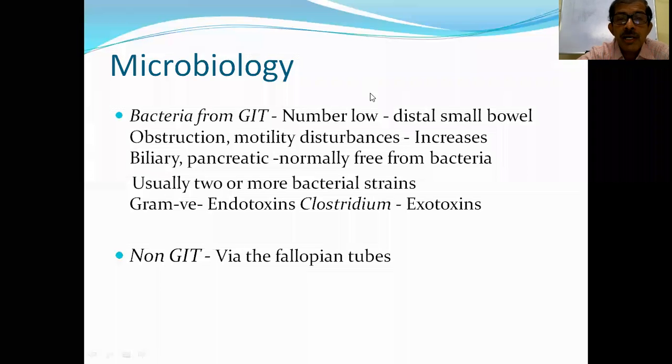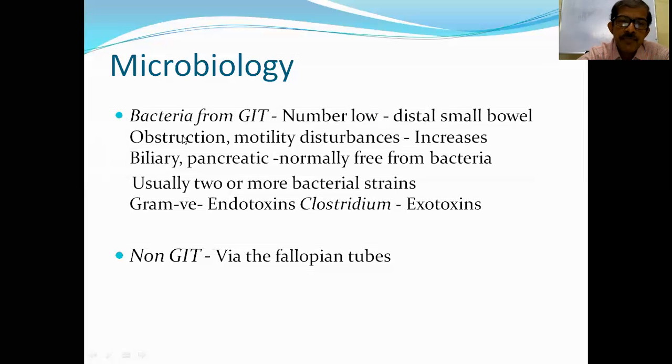Then in the small bowel also the number is not as large as in the large bowel. As you go down the distal small bowel, the bacterial number will increase. So if there is a duodenal perforation, the bacteria that contaminate are far fewer than in an ileal perforation in enteric fever. Enteric fever, as you know, is mainly in the distal small bowel, in the terminal ileum. So there the bacteria are more.